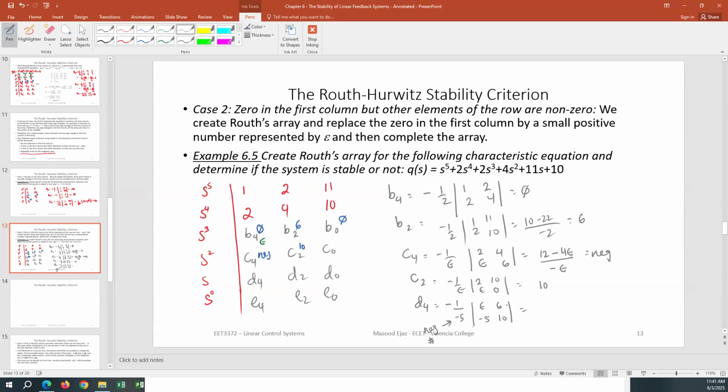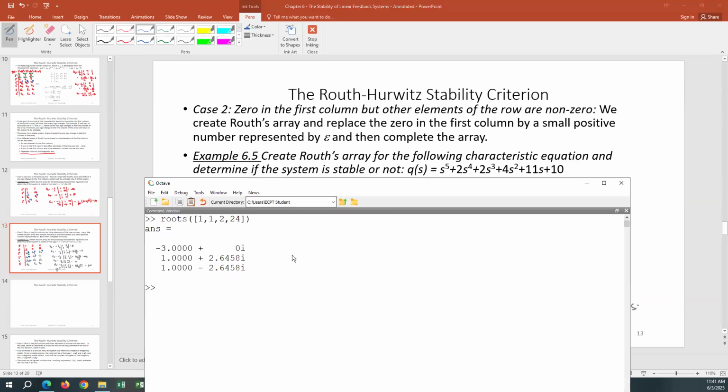This will give us 10 epsilon plus 10 epsilon plus 30 divided by 5. So this is a positive number. So this D4 turned out to be a positive number. That means you have 2 sign changes already. So you have a couple of complex conjugate roots on the right-hand side. And then you can find out E4, that's going to be again a positive number most likely.